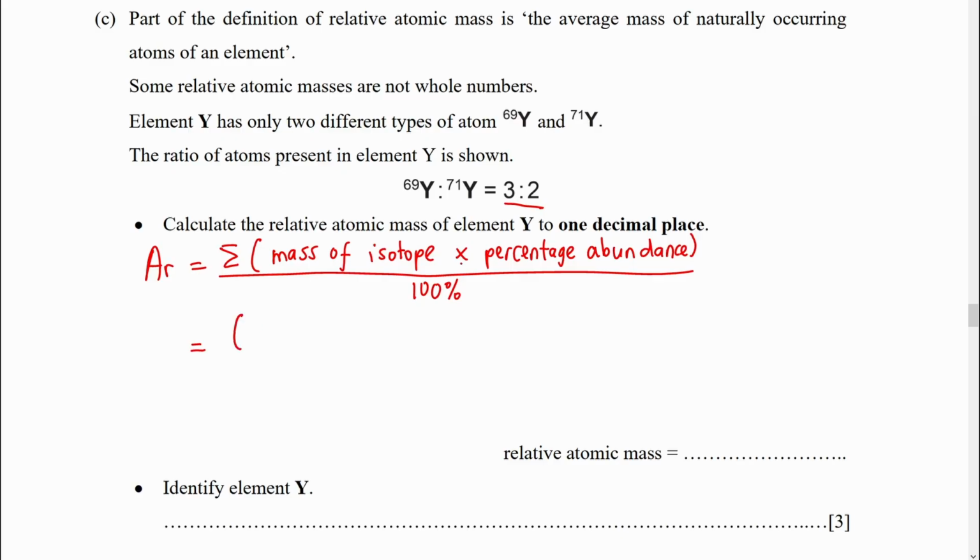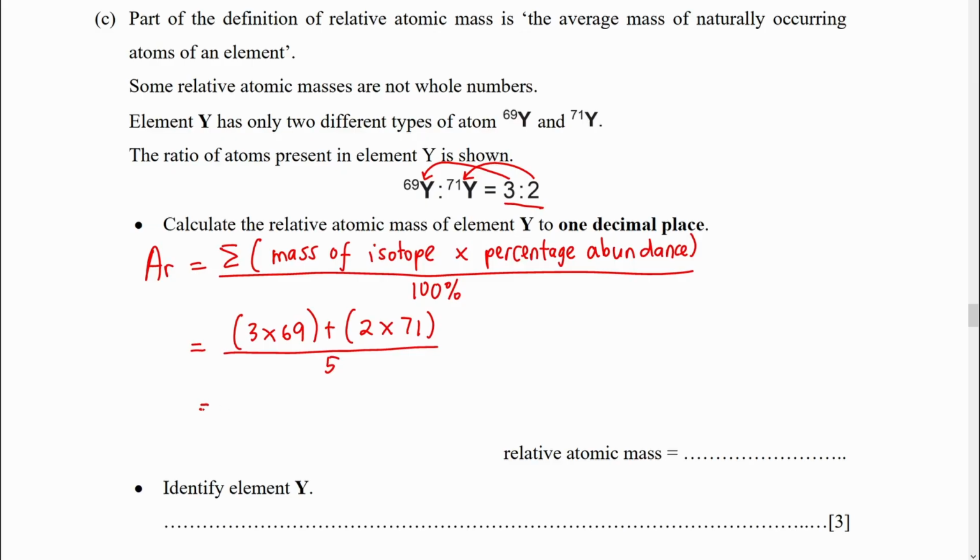So we can calculate it by using the ratio, which is 3 times the mass of the first isotope, which is 69, and then plus 2 times the second isotope, which is 71. Okay, so this 3 belongs to 69Y and 2 belongs to 71Y. Divide by the total ratio, which is 3 plus 2, which is 5.